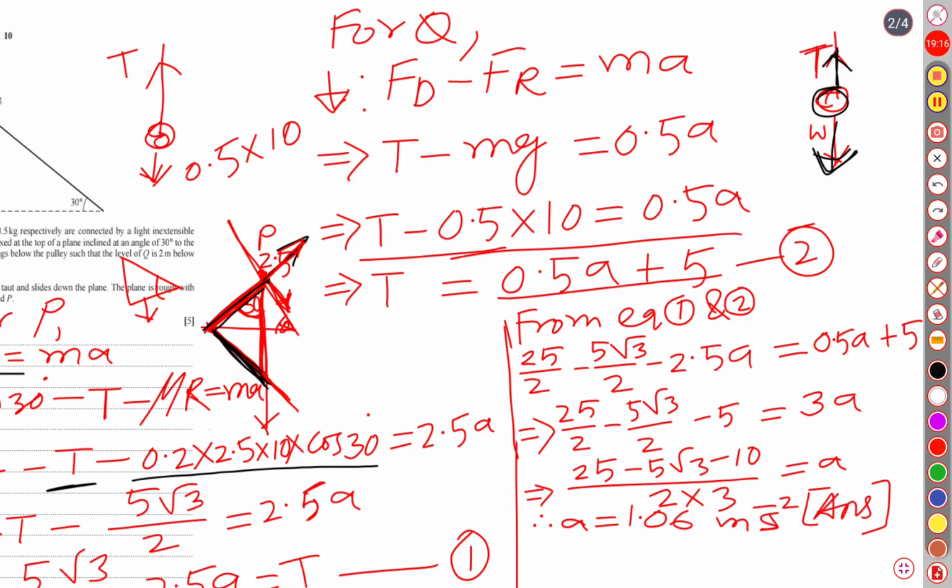So only two forces are acting here, opposite to each other, so subtraction. The driving force is tension, the negative force is weight, equal to 0.5a, and we have got an equation for particle Q. Then, solving the equations simultaneously, we have got that acceleration is 1.06 meter per second square. So this is what the solution is.